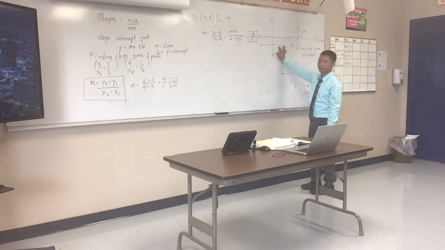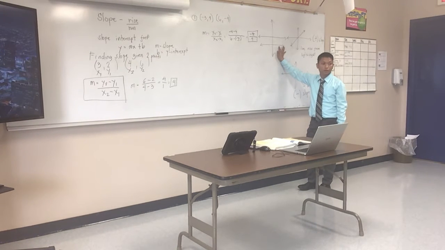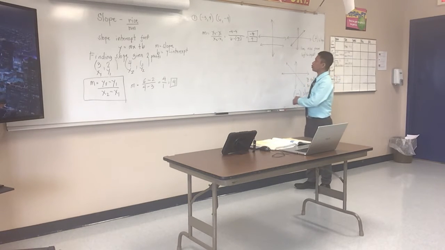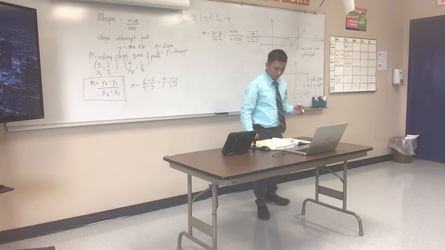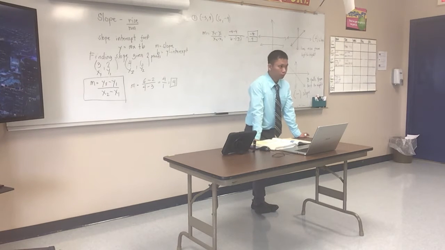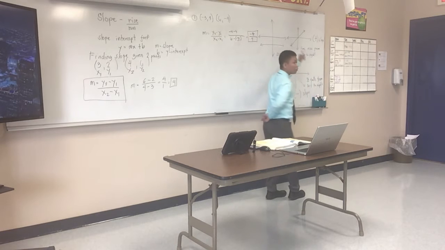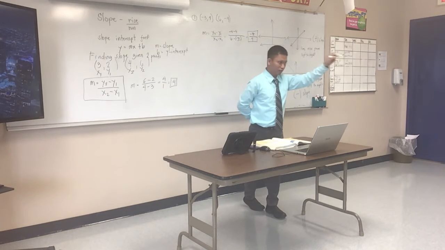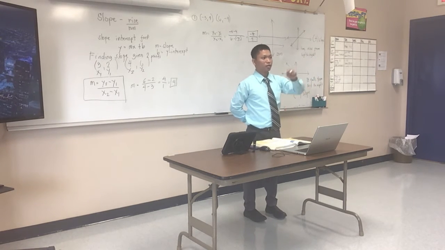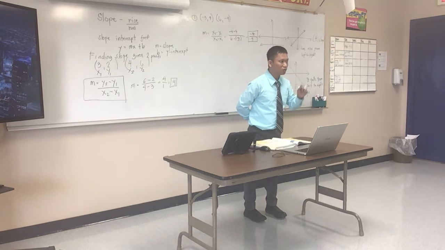Is it horizontal? Yeah, it's horizontal. And therefore, our slope here is what? 0, because there's no rise over run. There's no change.